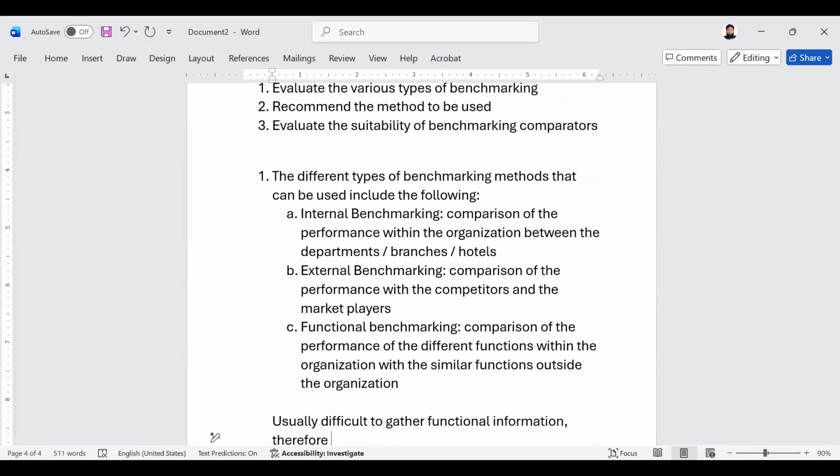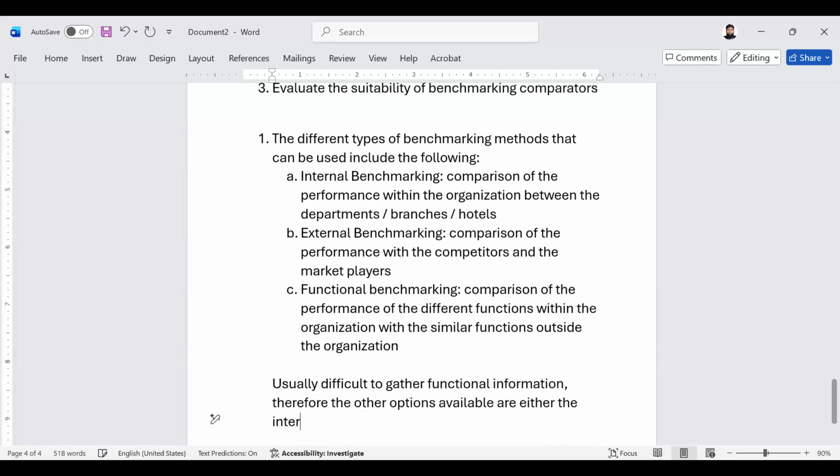Therefore, the other options available are either internal or external benchmarking.